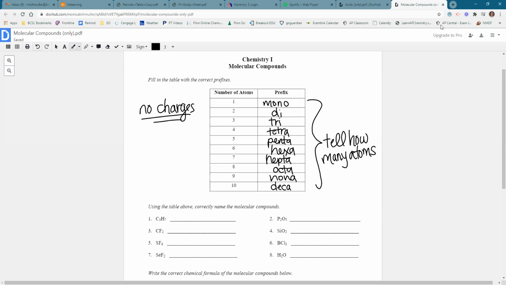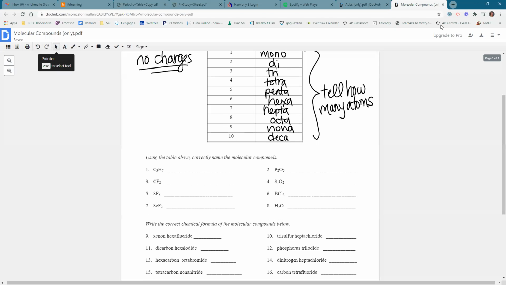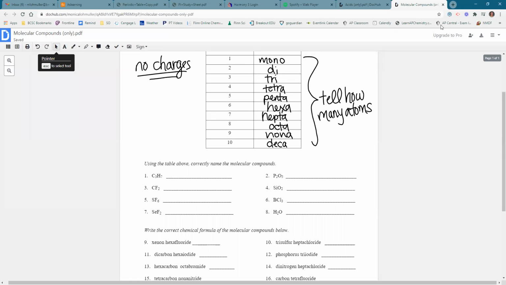So for example, to name them, for number 1, we have C3H7. The subscript, the little number on that element, tells you what the prefix will be for that element. If it's 3 carbon, we say tricarbon.